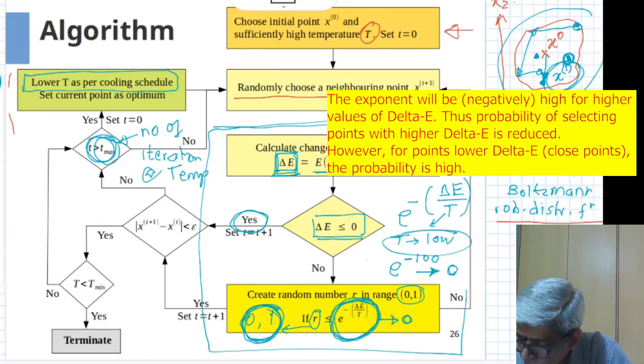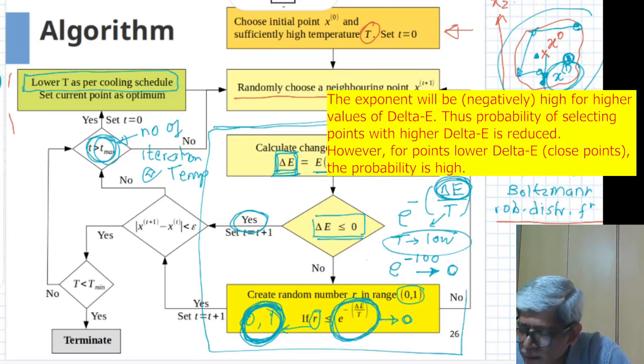As a result, towards the end of this cycle, the probability of a far off point getting accepted diminishes, since we are not allowing any point which is far off. Here the far off and near off is decided by delta E. If delta E is high, its probability of getting selected gets reduced because the right hand side is becoming smaller and smaller.